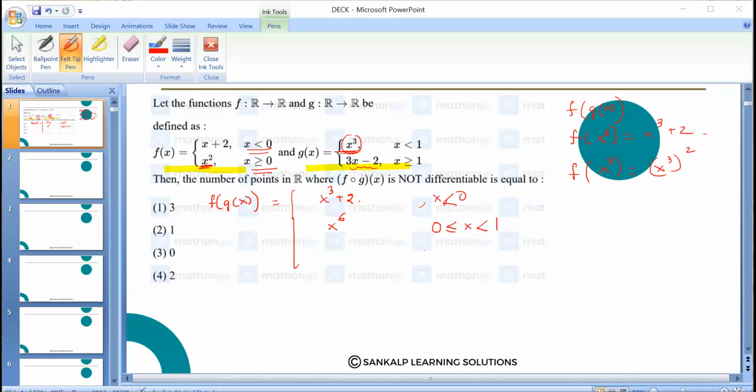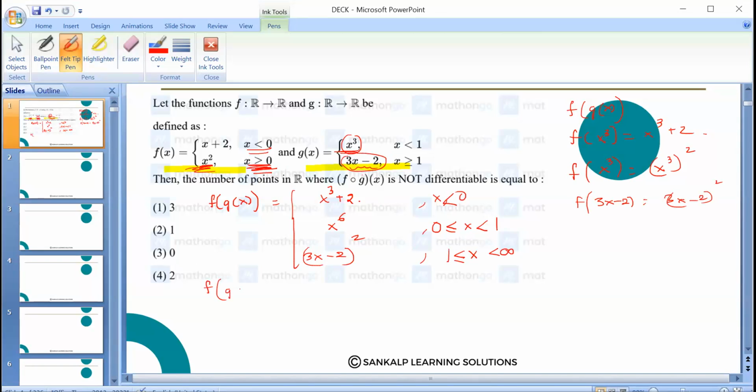Now, the third one is when x is greater than or equal to 1, actually greater than or equal to 0 and less than infinity. Then g of x we will take as 3x minus 2, and f we will take as x square, that is 3x minus 2 whole square. So this is how we get the piecewise function.